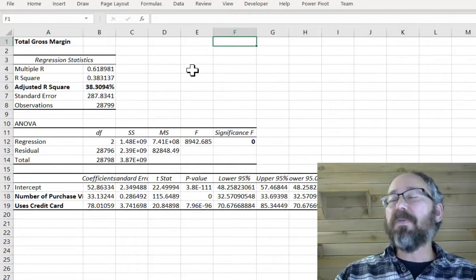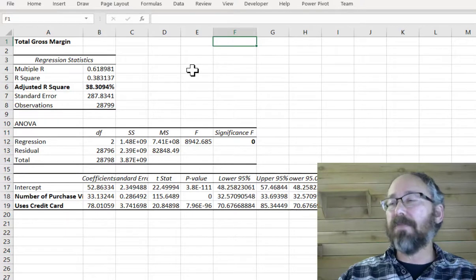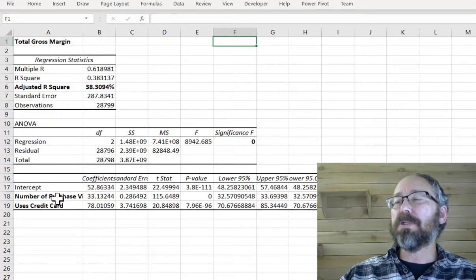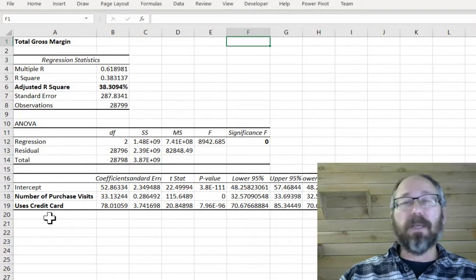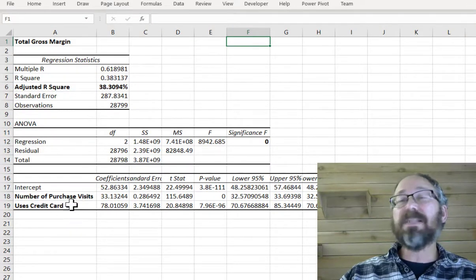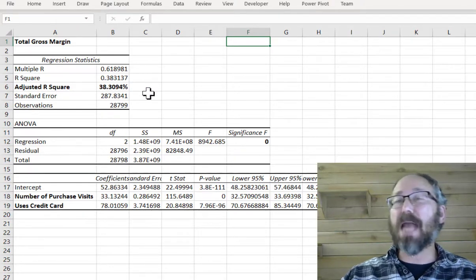Okay, what we can see from this is that the combination of two predictor variables, number of purchase visits and uses credit card, account for 38.3094% of the variation in total gross margin.